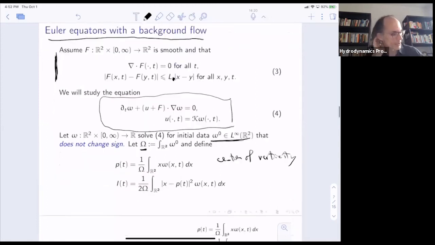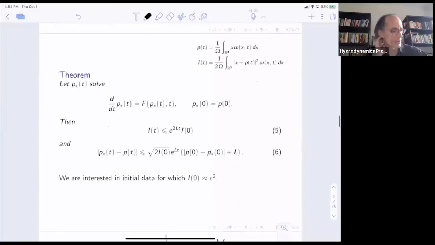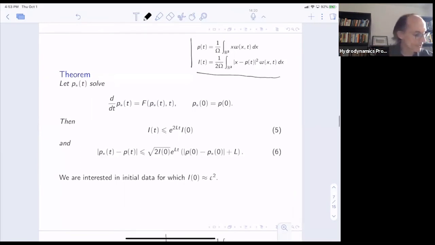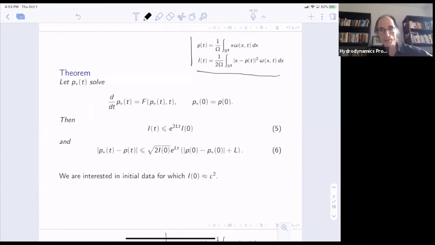Okay, and so the theorem I will prove, I've copied the definitions up here for reference. As I solve the equation and the vorticity moves around, this P at time t will tell us how the center of vorticity moves.